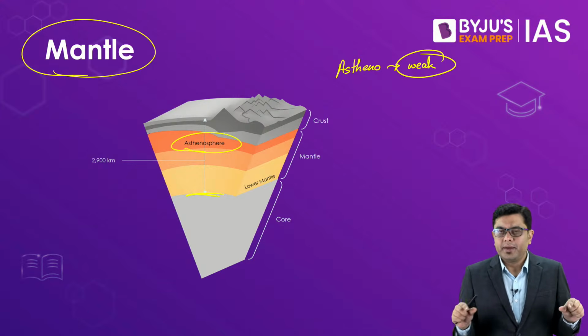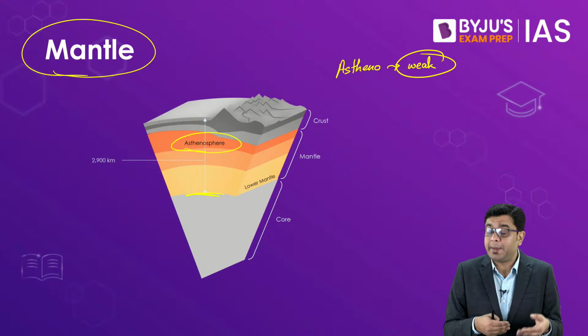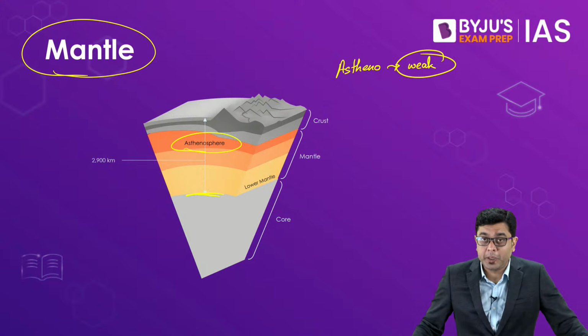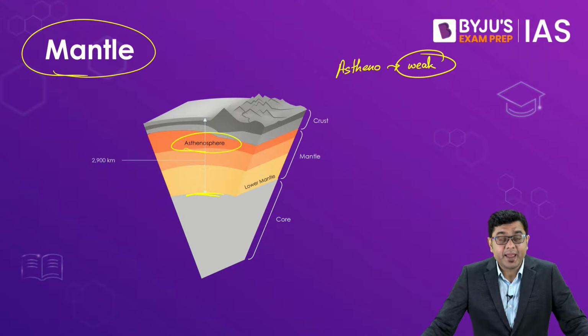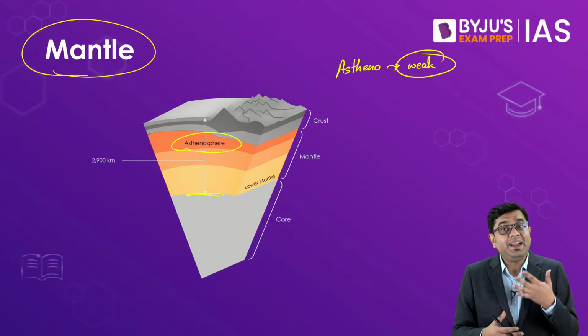So, this layer, which is present at a depth of around 160 kilometers to close to around 400 kilometers below the surface, is a layer which is neither a complete solid nor a complete liquid.